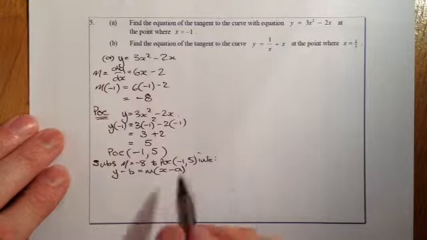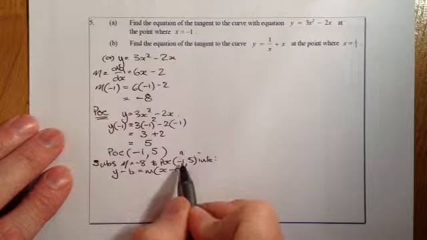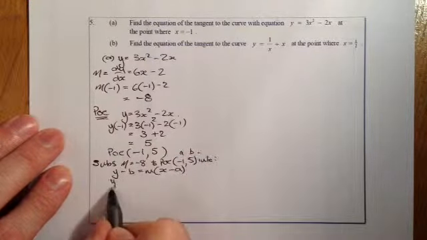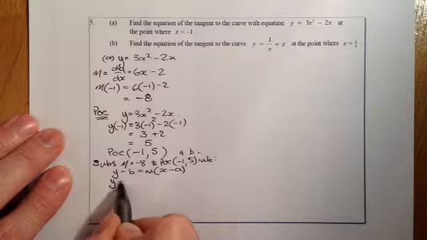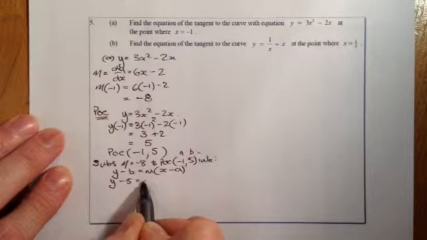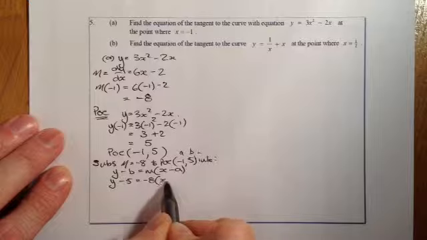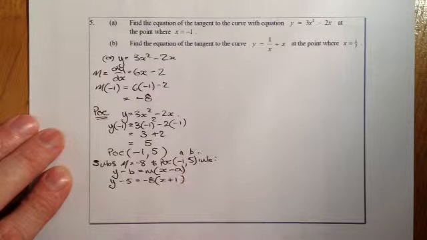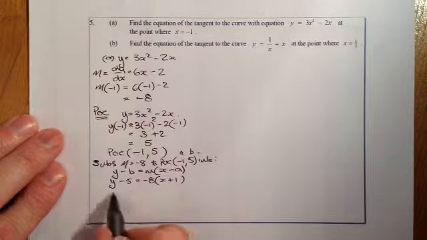Right, so let's substitute our numbers in. That's my a value and that's my b value there, and there's m. So y minus 5 is equal to m, which is minus 8, times x minus minus 1, so I'll just put that as a plus 1 there. What I'll do is multiply the bracket out.